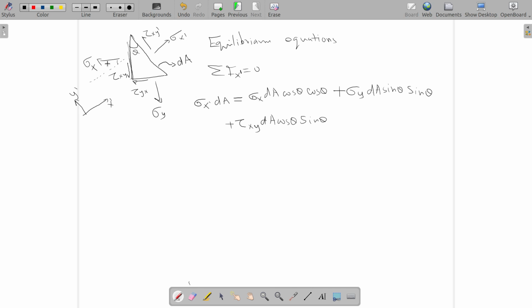Why sin theta there? If this is theta, this is 90 minus theta. So cos theta here and sin theta here. Again, tau yx is equal to tau xy, right? So you can write the same thing.